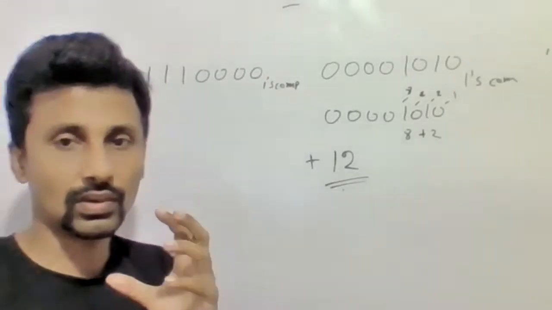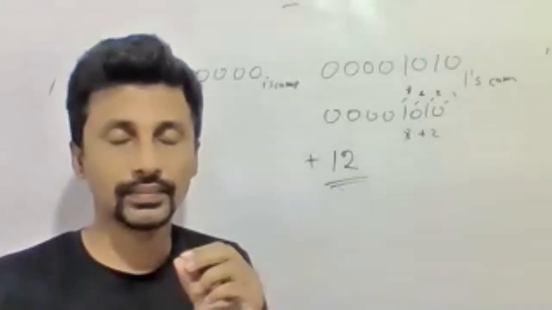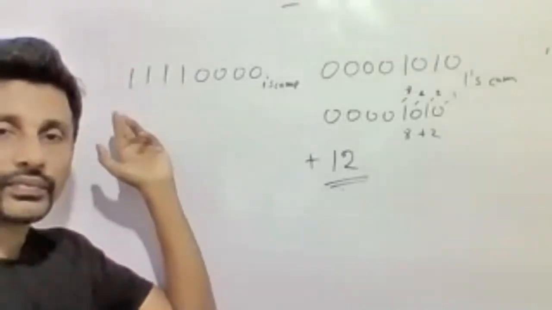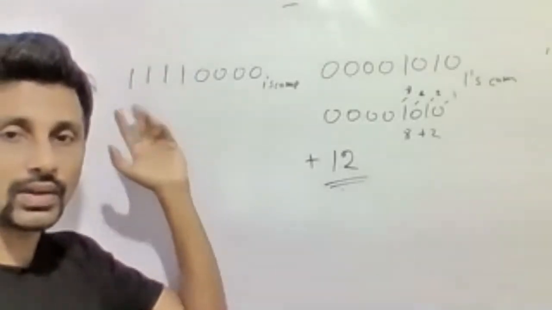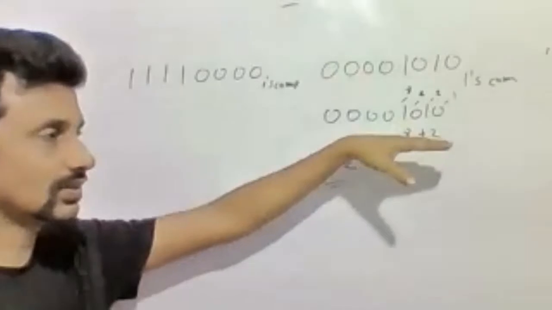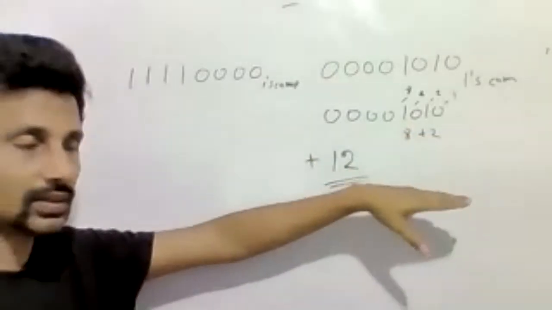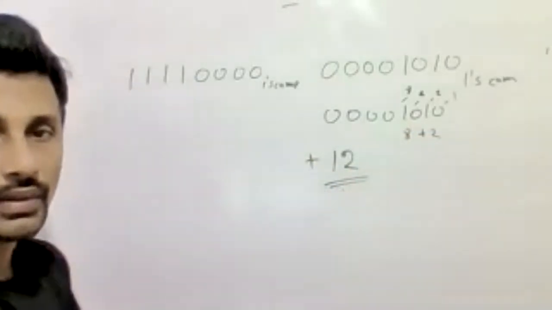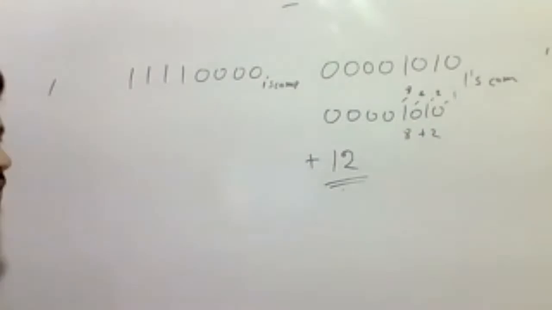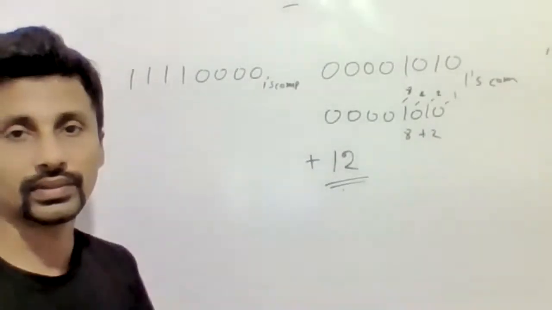When a value is given in one's complement, look at the first bit, whether it's 1 or 0. 0 is a positive value, just convert it to decimal like binary to decimal and you get the value. If it is 1, it is a negative value.